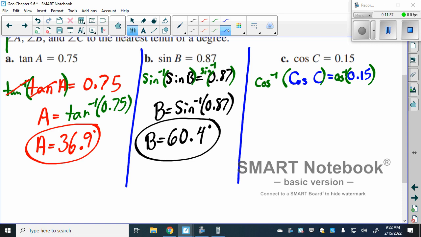Cosine inverse of cosine of c is just going to be c is equal to cosine inverse of 0.15, which is what? 81.4.